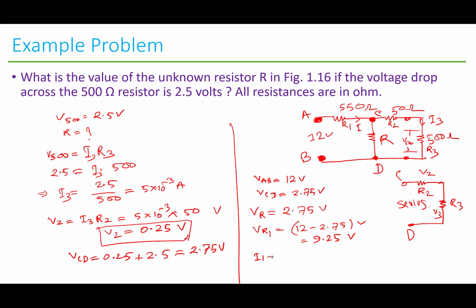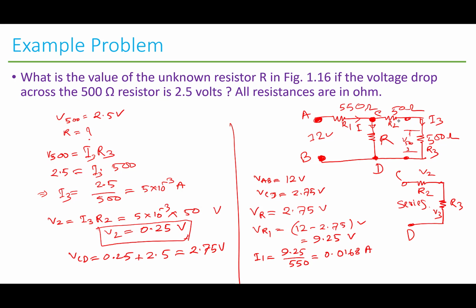So I1 equals 9.25 over 550, which is 0.0168 ampere. Now what is the current that is flowing right here?